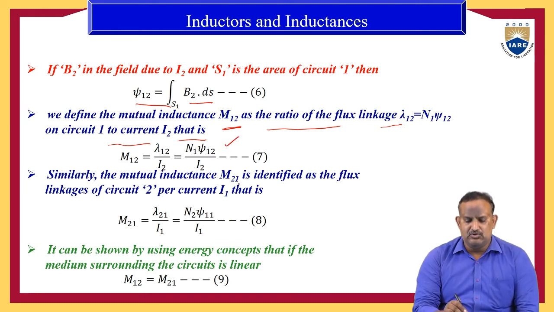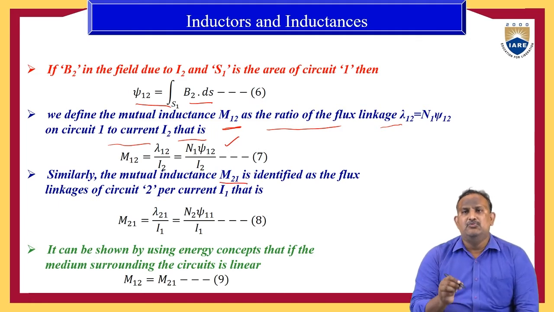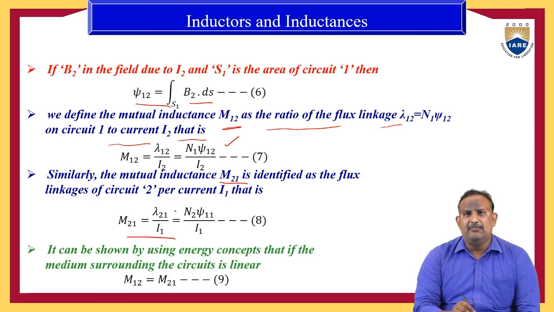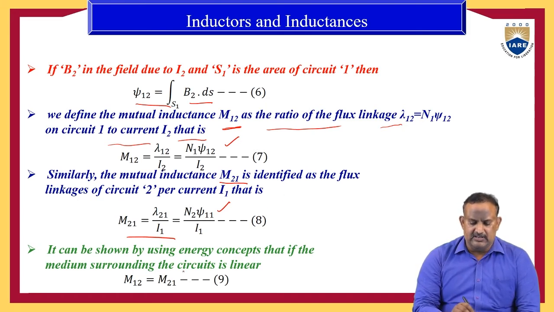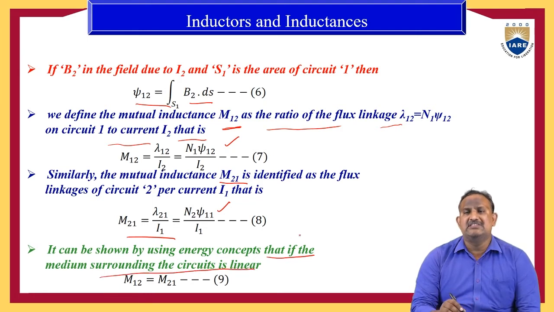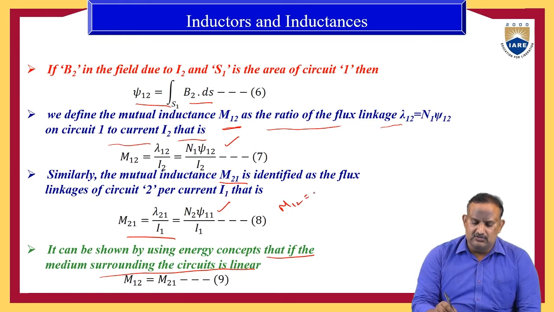Similarly, we can define the mutual inductance M21, the mutual inductance in circuit 2 due to circuit 1. M21 is equal to lambda21 by I1, where lambda21 is defined as N2, the number of turns, times the flux psi21. Generally, from the energy concept, it can be shown that if the medium surrounding the two circuits is linear, then M12 is equal to M21.